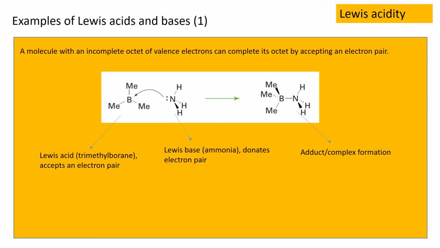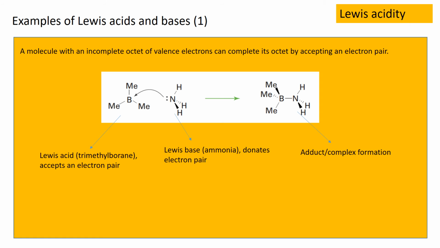If a compound has an incomplete octet of valence electrons, it might wish to complete its octet by accepting an electron pair. So have a look at the reaction between trimethylborane here and ammonia. Ammonia donates an electron pair to the trimethylborane.